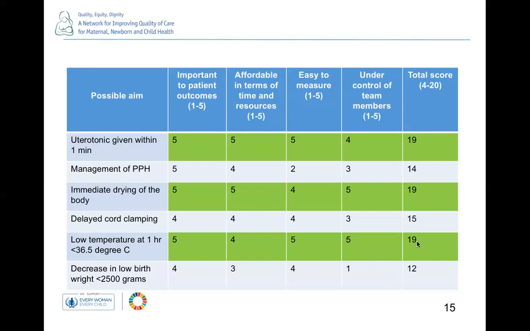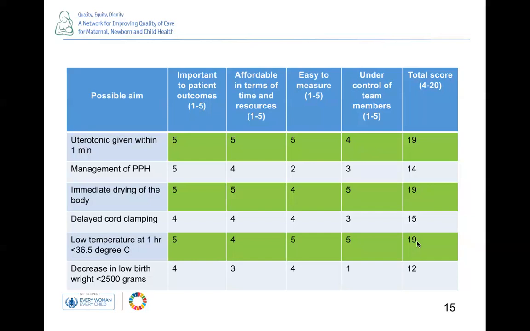And then we also learned how to do prioritization using a mnemonic of PICKER: how much impact this will have, how much it is in control of the team, how much it is easy to be done, feasible, and how many resources are needed. So one can do a prioritization of the problem which needs to be tackled.